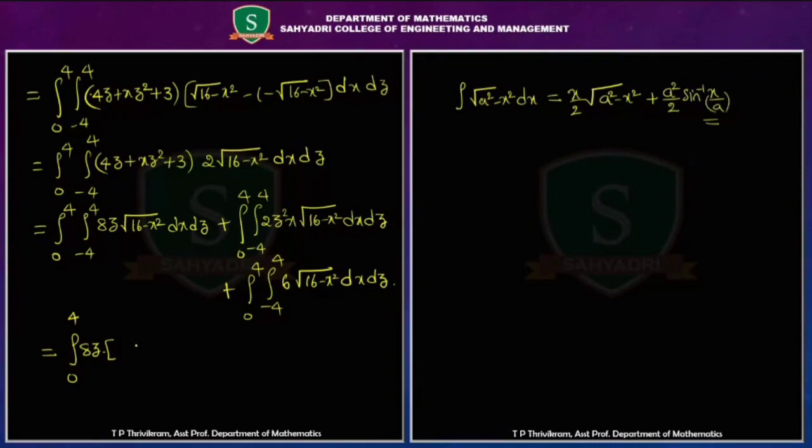So what happens? X root 16 minus x square divided by 2 plus a square by 2, that means 16 by 2, sine inverse x by a. So x by a value is x by 4, and the limits are from minus 4 to 4.